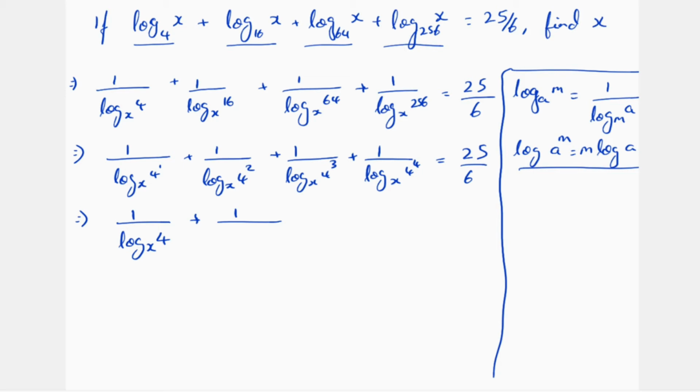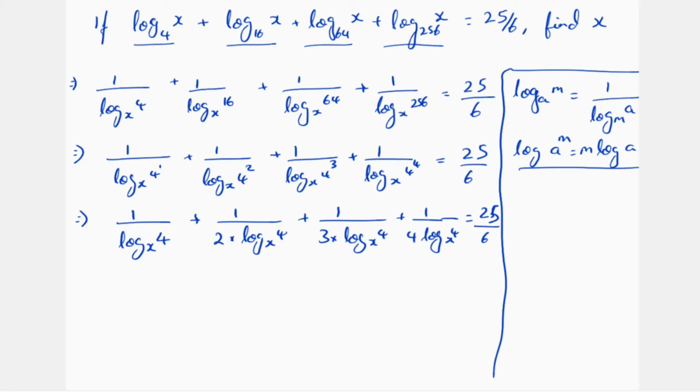I will take the power 2 to the front, 2 times of log 4 to the base x plus 1 upon 3 times of log 4 to the base x plus 1 upon 4 times of log 4 to the base x gives me 25 divided by 6.